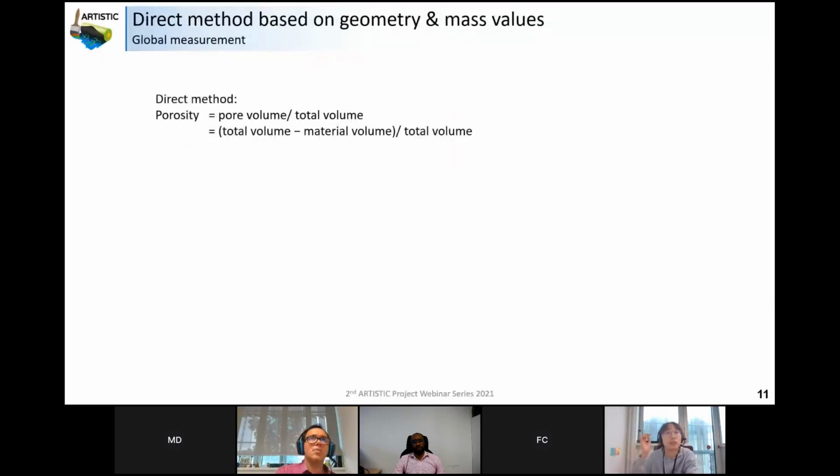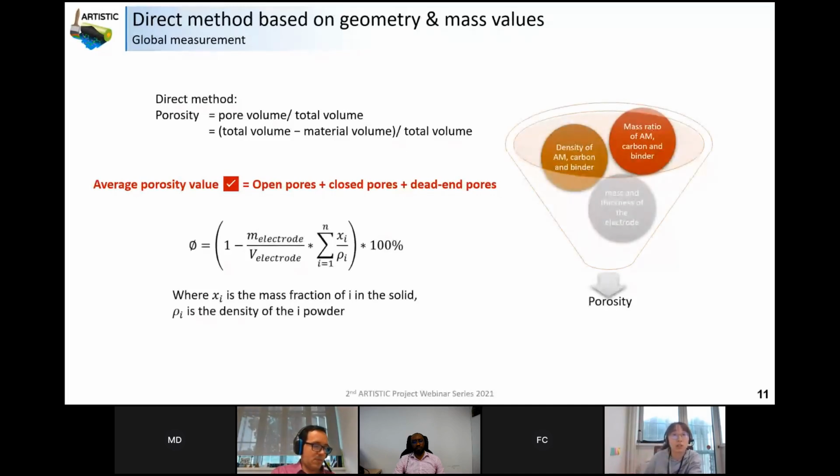Let's begin with the direct method based on the geometry and the mass value. Here we determine the bulk volume of the porous solid electrode and the volume of the solid materials without the pores. With this method, total porosity can be measured, which means the average porosity from the open pores, closed pores, and dead-end pores.